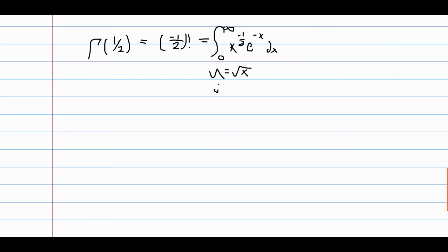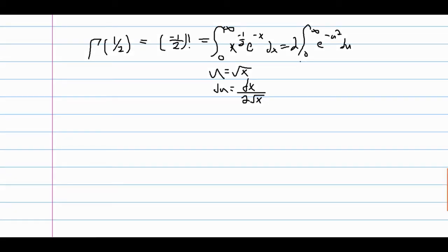Then du is equal to dx over 2 root x. So that will get rid of this factor entirely. In fact, we'll just be left with a constant factor of 2 on the outside. Then we have e to the negative x, which is e to the negative u squared du.